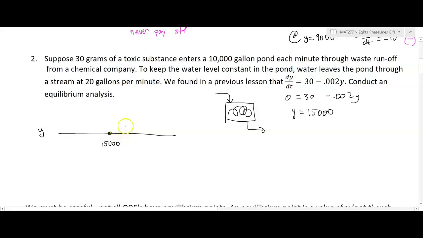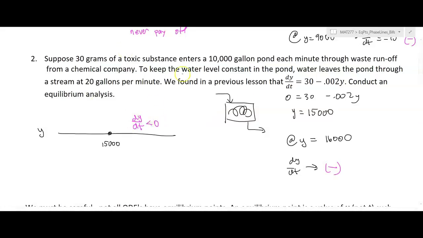there will be no change in the amount of that toxic substance in there. But if we look at a value that is bigger than 15,000, let's say y equals 16,000, and we look at dy/dt, you can verify this by plugging it in, we get a negative value. I'm not even going to worry about the numerical value, because I just care to see that dy/dt is less than 0.